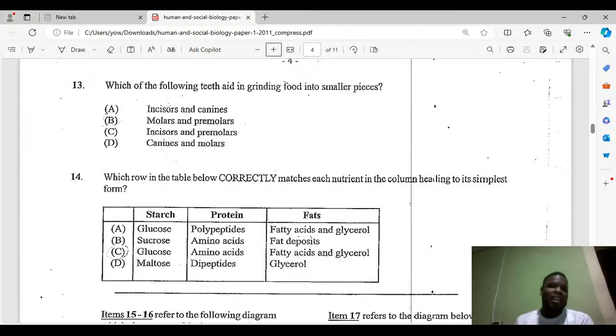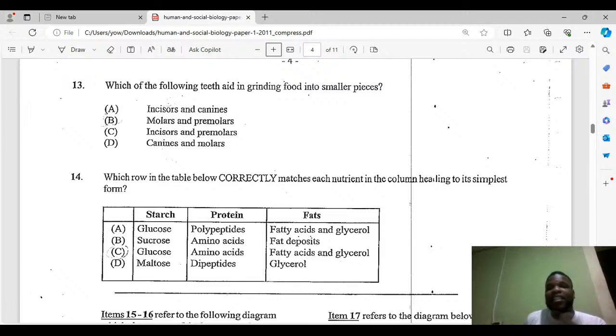Which row in the table below correctly matches each nutrient in the column to its simplest form? So what they're asking you, what is starch simplest form, what is protein simplest form, and what is fat simplest form?